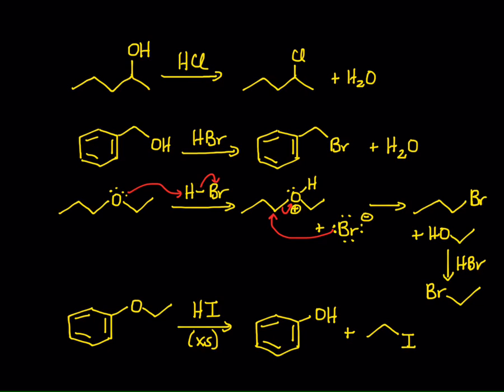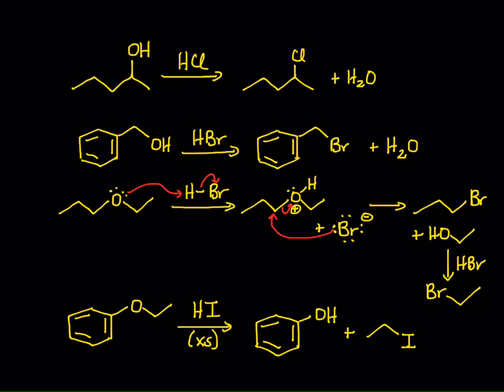Why is that? Well, proton transfer certainly occurs, right? And so I get a proton on the oxygen. And now my iodide, my nucleophile, attacks the carbon. But for substitution to occur, and this is important to understand, the carbon has to be sp3 hybridized.